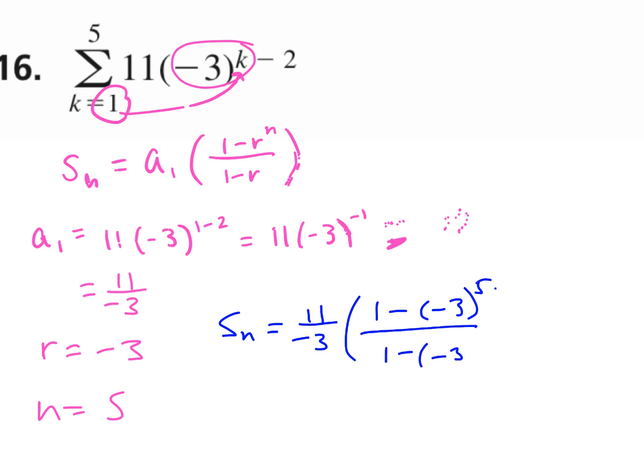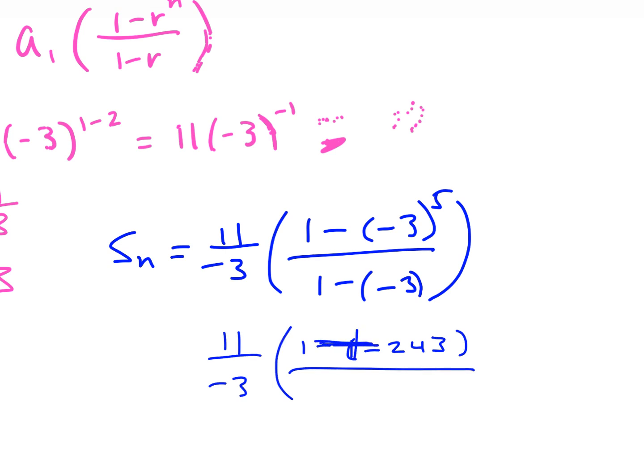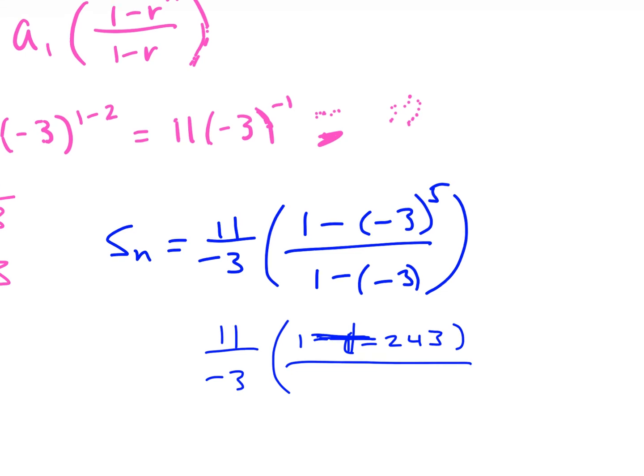So first thing we want to do is that exponent, negative 3 to the power of 5. So we get 1 minus negative 243. When you have a negative minus a negative, it turns into a plus. You guys can also use your calculator on the test, so your calculator will do this for you. 1 minus negative 243 gives you 244.